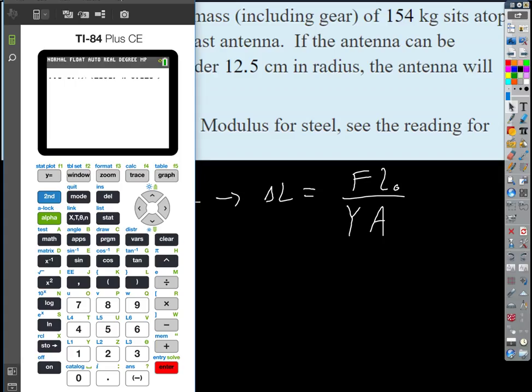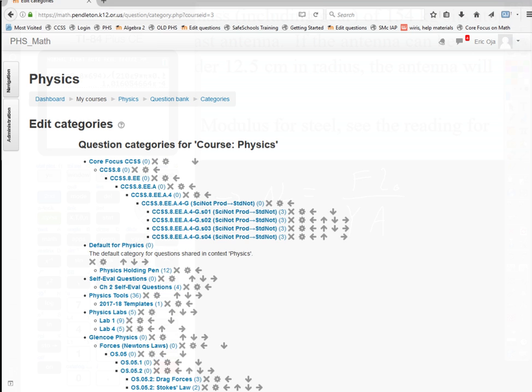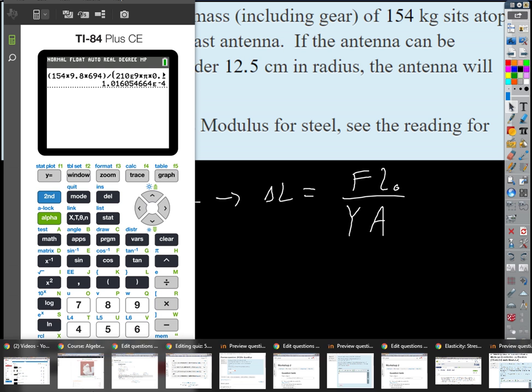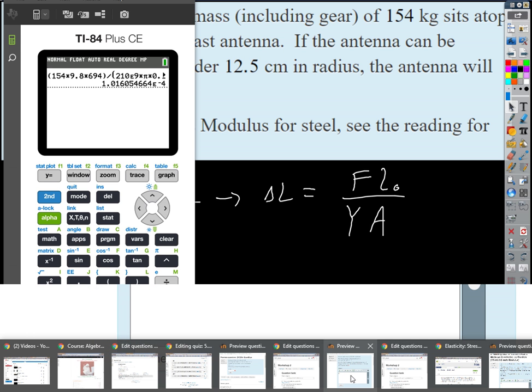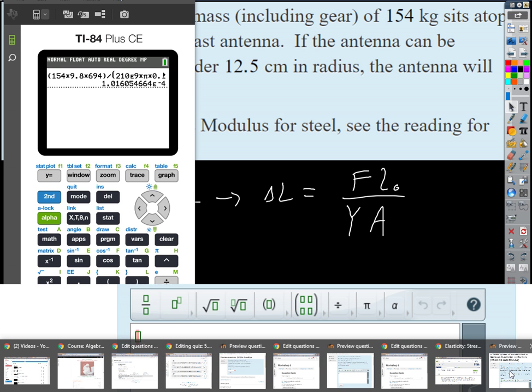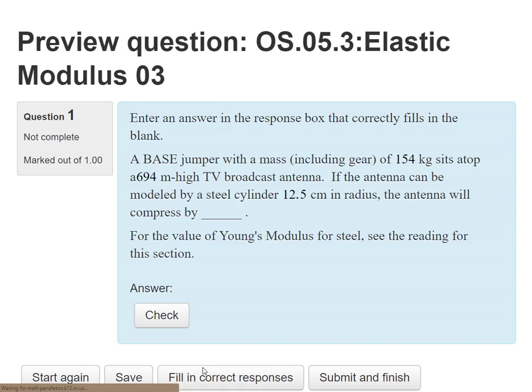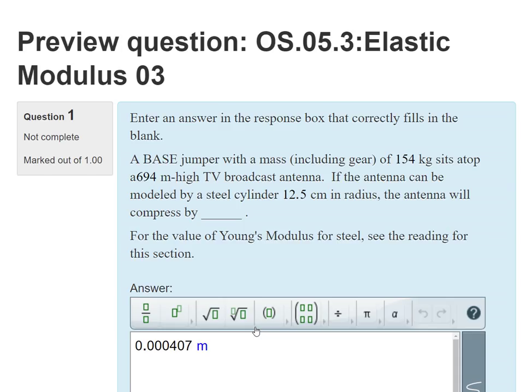Okay, let's see what the correct response is supposed to be. Okay, so that's supposed to be diameter.